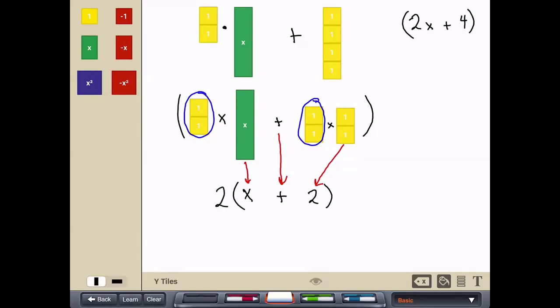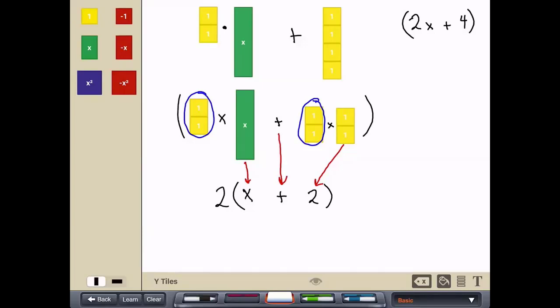Again, we check this by using the distributive property to make sure that our expression is equivalent to the expression that we started with.